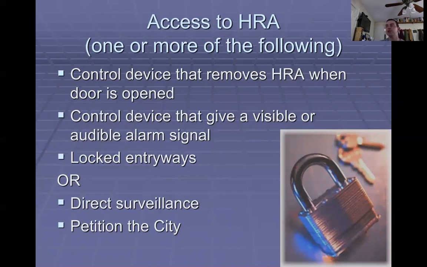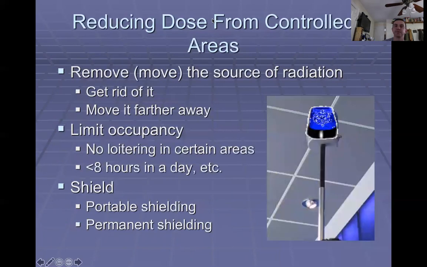Or you can have some sort of interlock system so that if someone was to enter, the power is cut to the machine and there's no radiation source possible. So that's how we operate the LINACs. If the doors are open, there is an interlock that prevents that machine from being turned on. And that would be a successful way of controlling access.